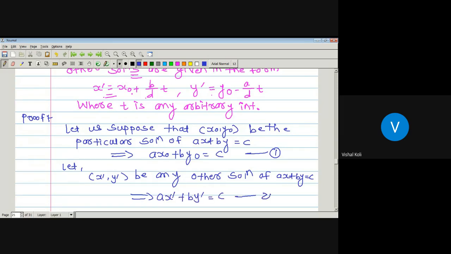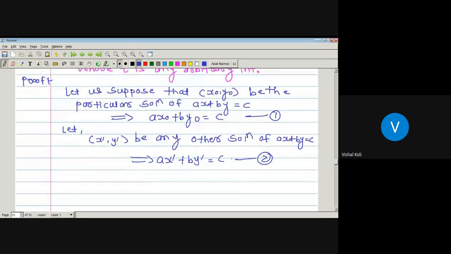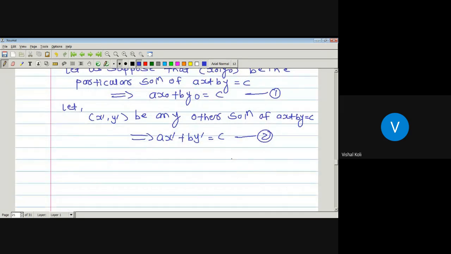So here we have taken two solutions of the given linear Diophantine equation. The first one is nothing but (x₀, y₀), and the second pair is nothing but (x', y'). But as in equations 1 and 2 the right hand side must be the same, it implies that the LHS is also the same, which implies ax₀ plus by₀ is nothing but ax' plus by'.